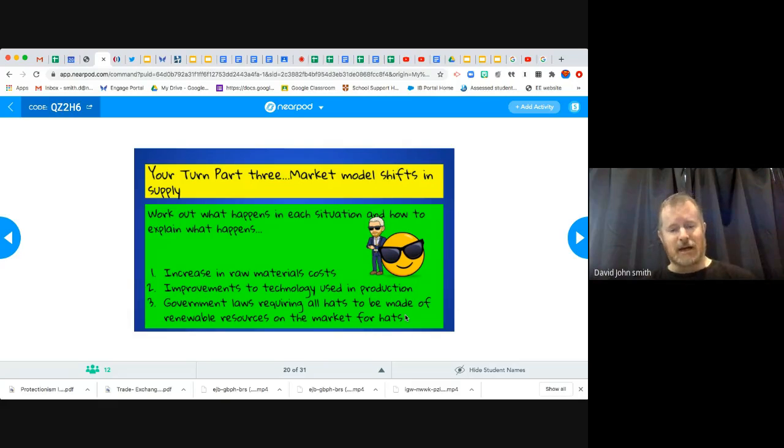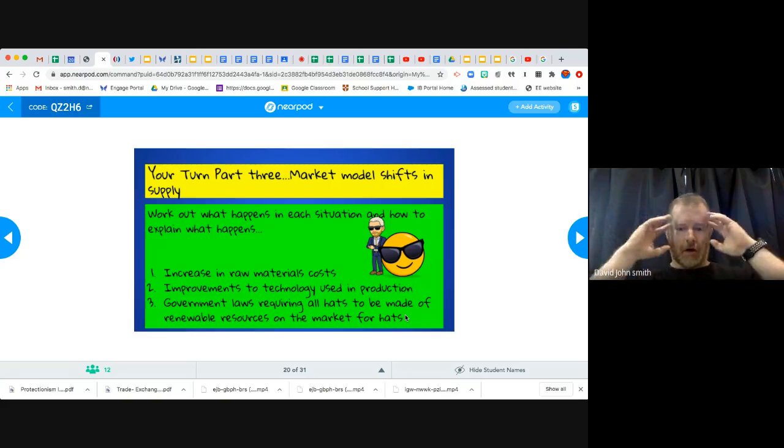What happens to the market price and quantity? Or a combination. What happens if the demand curve shifts and the supply curve shifts? Oh, all right. So you're going to get used to, from now on, those sorts of multiple applications and thinking along the lines of which curve, which direction, and how does it affect the price and quantity.